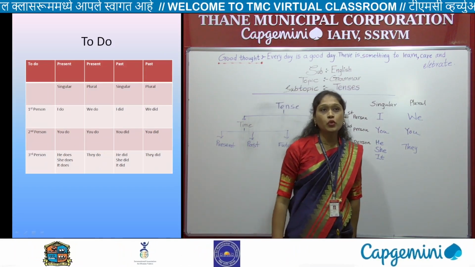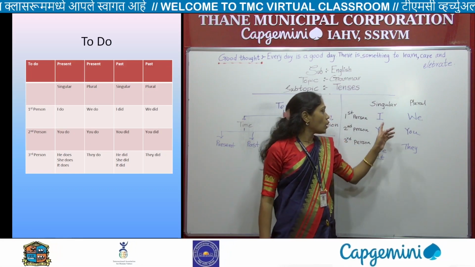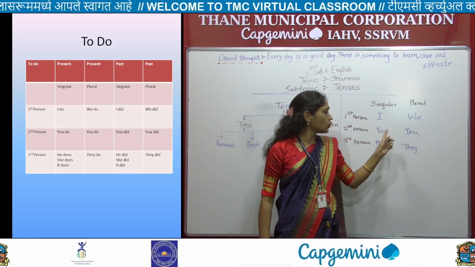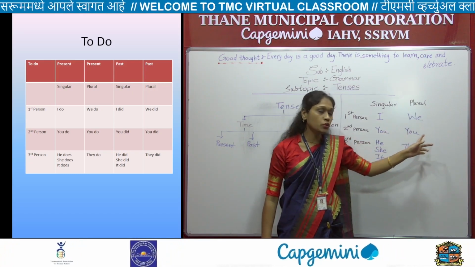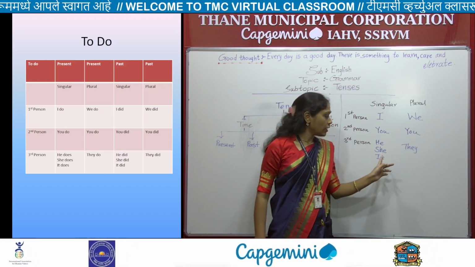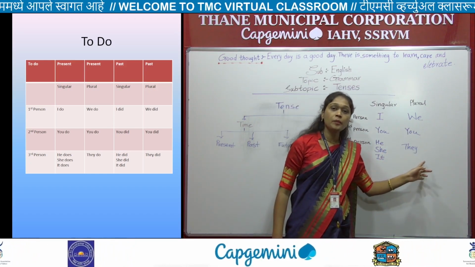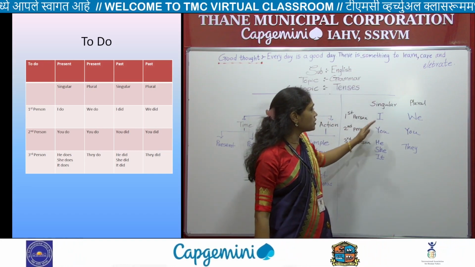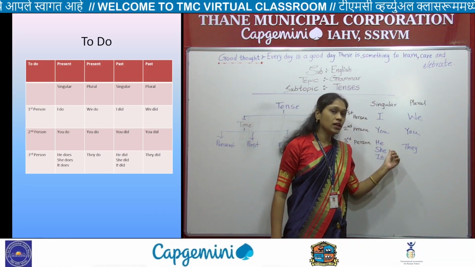Then the forms of to do. I do, we do, you do, you do, he does, she does, it does, they do. Only for third person singular we use does.